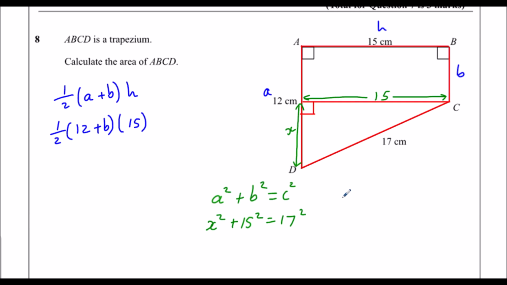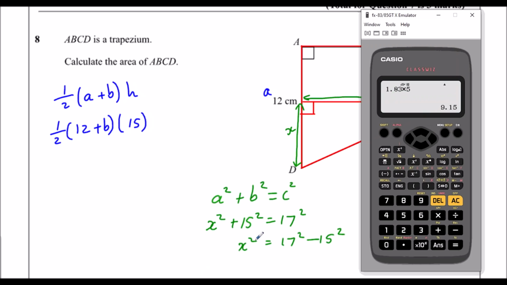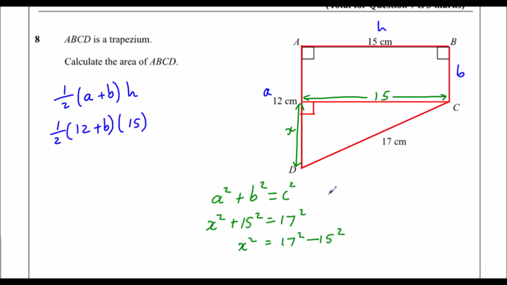So if we take 15 squared away from both sides, 17 squared take away 15 squared is 64. So x squared is 64.